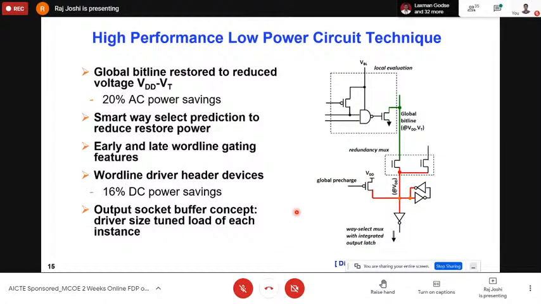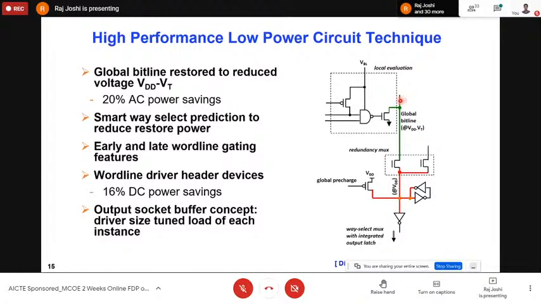Okay, so I'm just going to cut down some of the slides because of the time limit. And so if you look at high performance low power circuitry, another example is this bit line, which is commonly used, on which you get the data out from your memory. So with innovative techniques, you don't have to precharge this bit line to high voltage, but you can make it supply voltage minus the threshold voltage of a transistor.